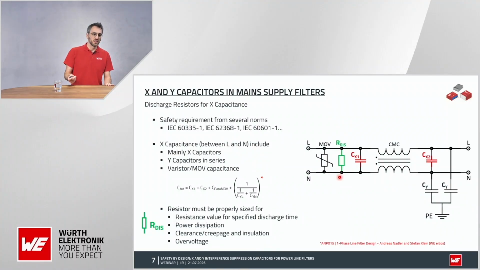How we calculate this is another example from the application note: we calculate the total X capacitance, and with this we can select the right resistor. One example of the typical requirement for discharge is less than 60 volts after 1 second after we disconnect the power supply. This is one example, but there are other regulations.